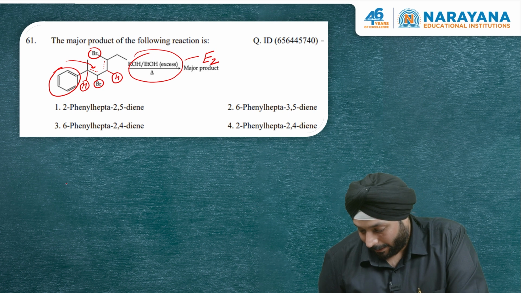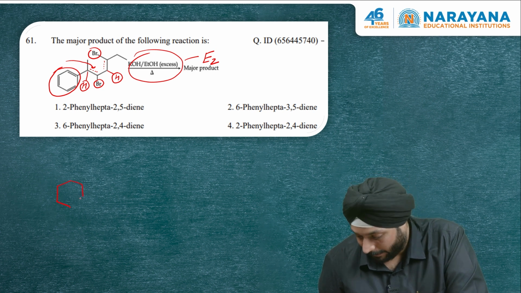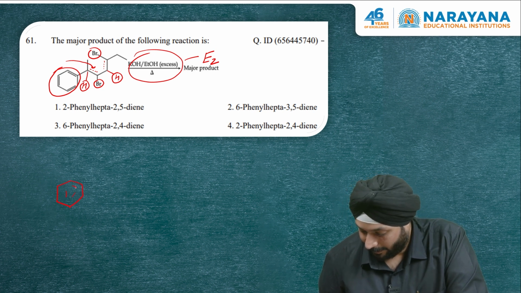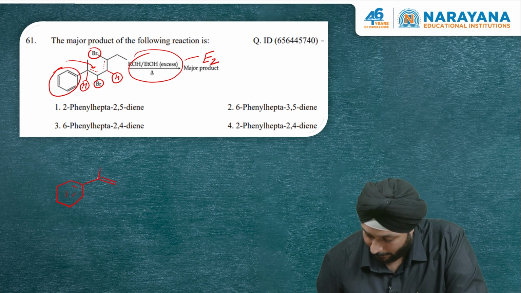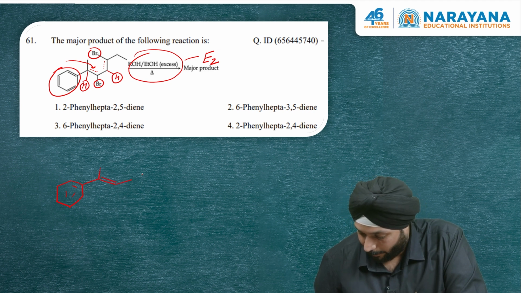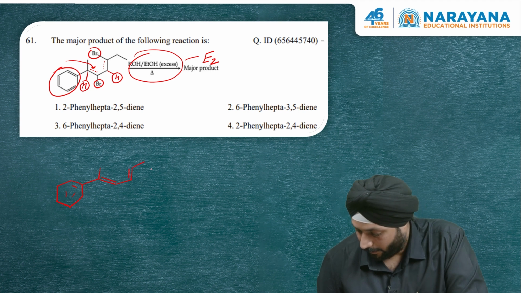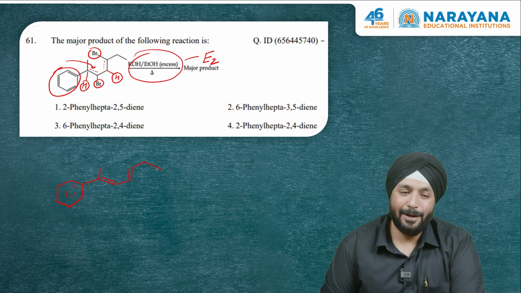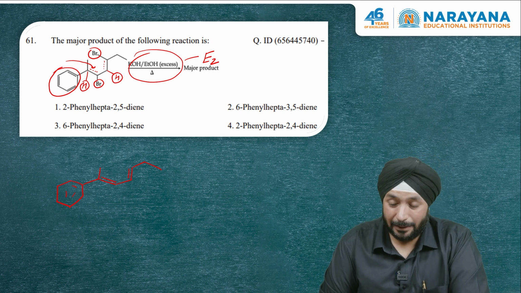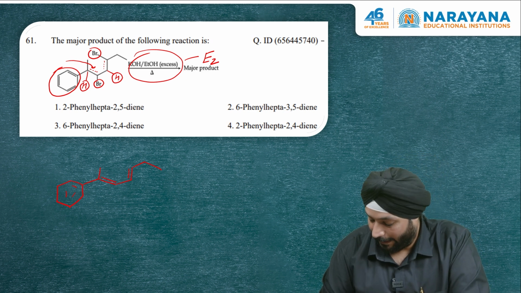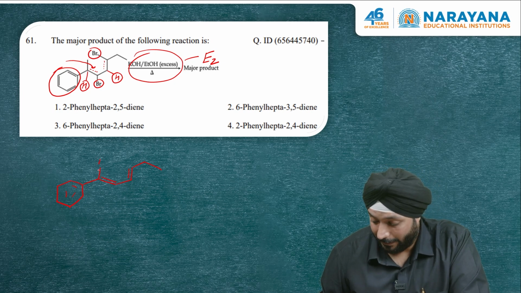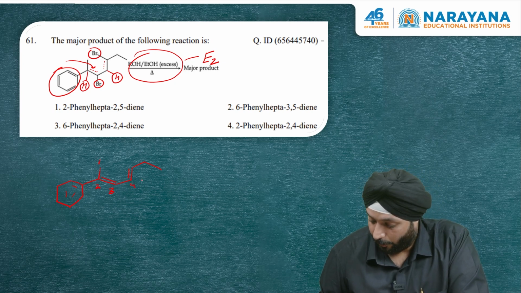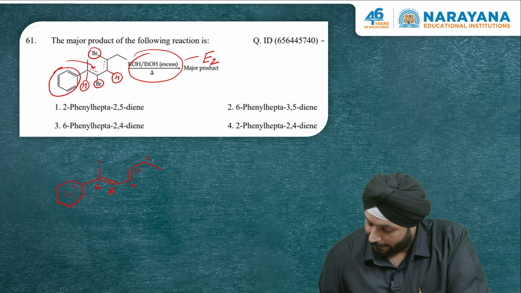So the product of this elimination reaction is: I'll get an alkene over here initially, then a single bond, then a double bond over here, then carbon. Now he is asking for the IUPAC name of that particular compound. IUPAC gives the lowest numbers to double bonds: 1, 2, 3, 4, 5, 6, 7.